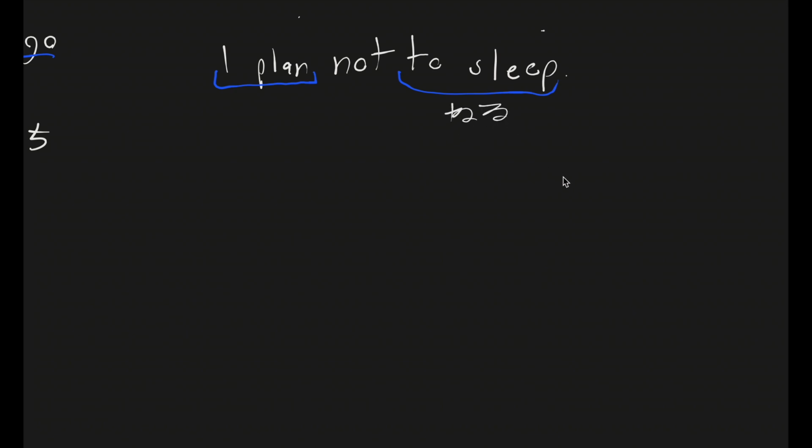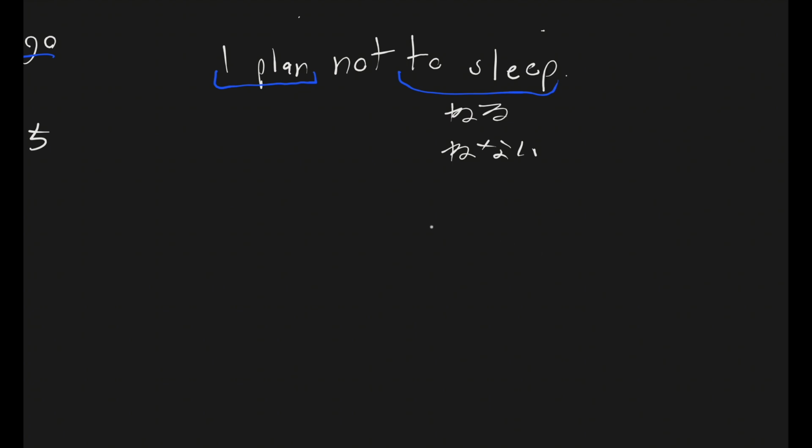But it is not an u verb, so we do not change the ru to a ra, so it's not neranai. Instead, we get rid of the ru, and to make it not to sleep, we go nenai. Nenai. That is to not sleep, or not to sleep.